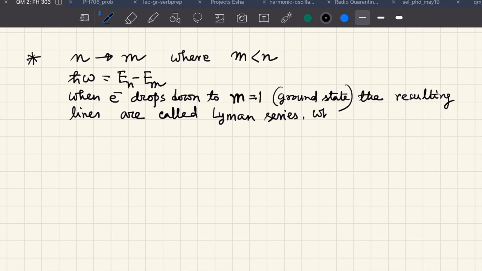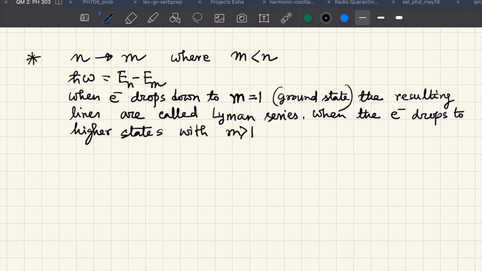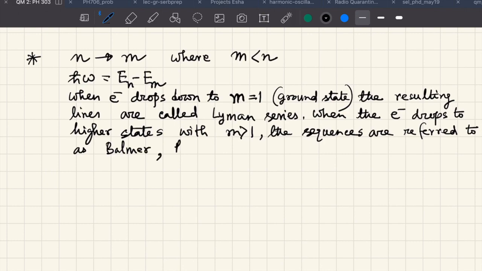And when the electron drops to higher states with m greater than 1, the sequences are referred to as Balmer lines or Balmer series, Paschen series, and so on and so forth.